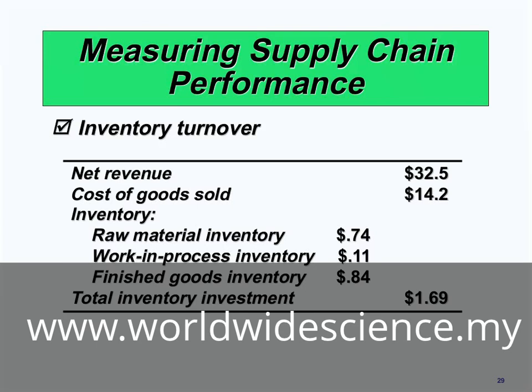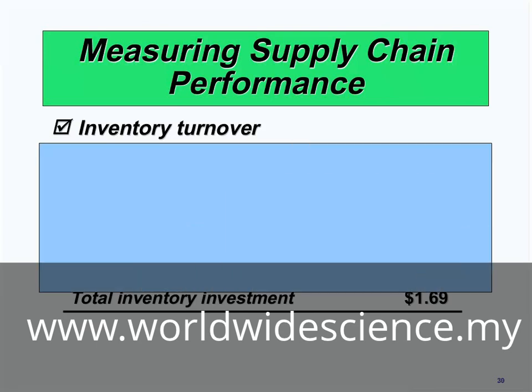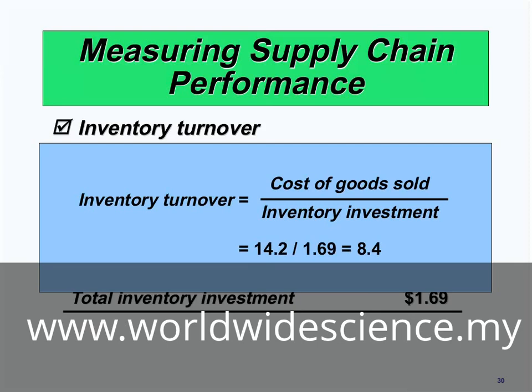If you divide cost of goods sold by inventory investment, it gives you 8.4.